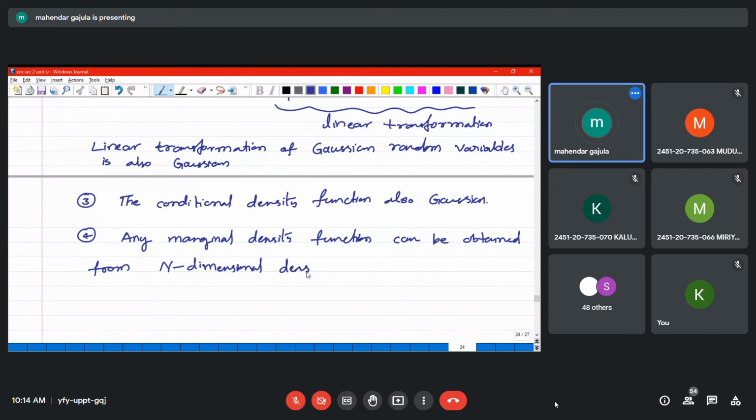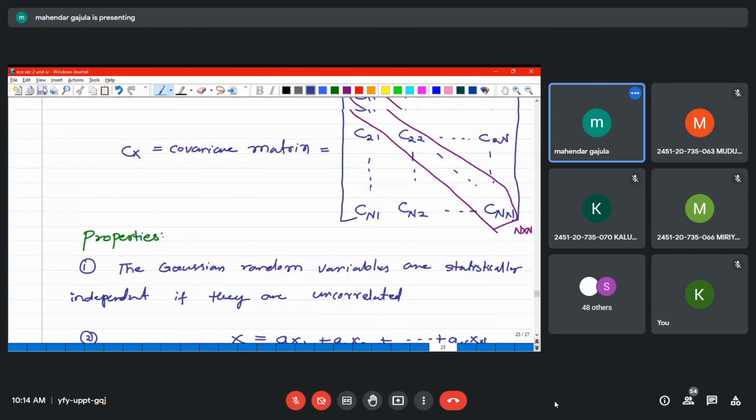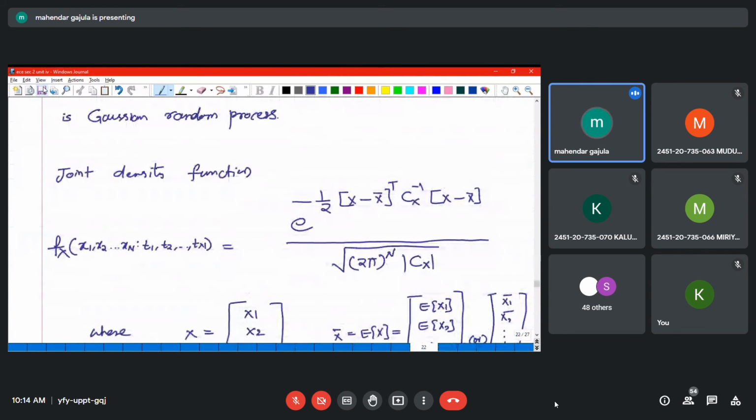Just now I wrote one formula, right? This one, f_X(x1, x2, ..., xn; t1, t2, ..., tn). This formula is the n-dimensional density function, or simply it is called a joint density function, where n number of random variables are involved in this.